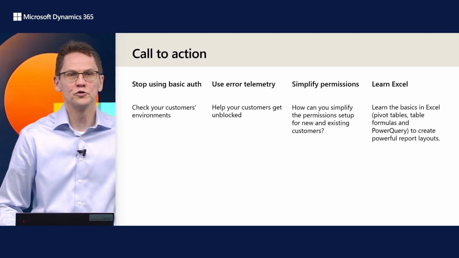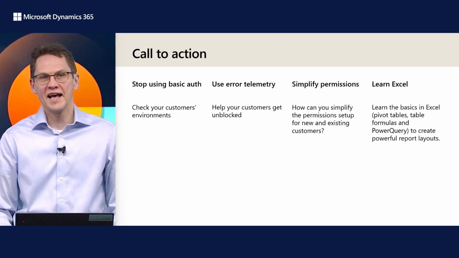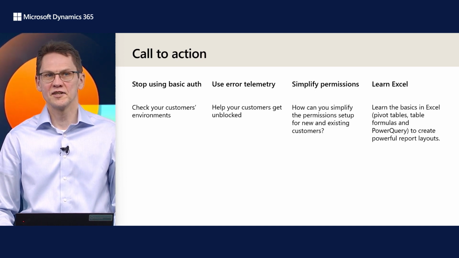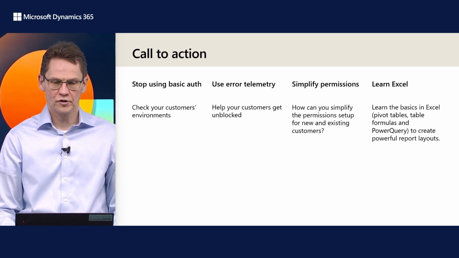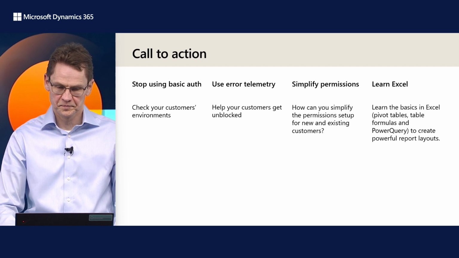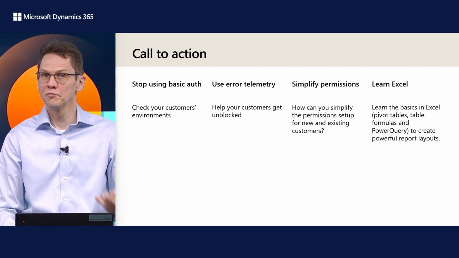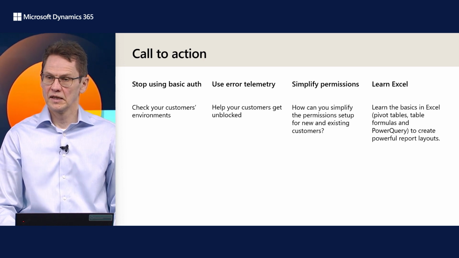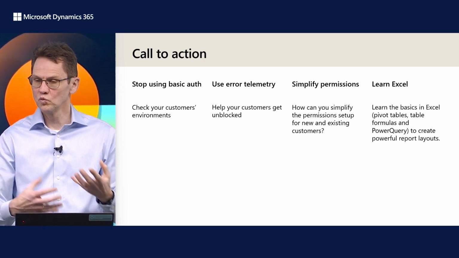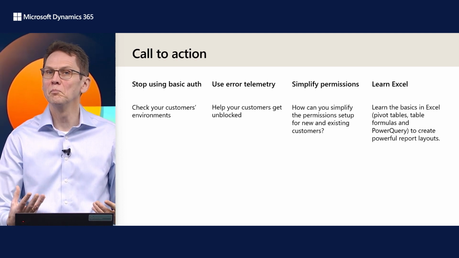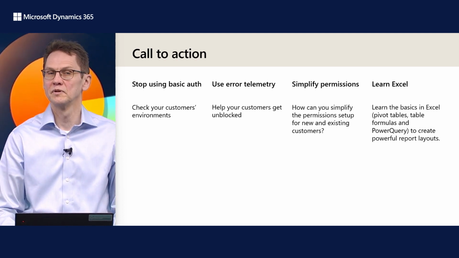This actually concludes the items that we have added to the product and that we want to present in this session. There are a number of things that I could recommend that you go do. Most importantly, move on from basic authentication. Check your customer's environment, what the integration scenarios are, move to OAuth, move to a modern authentication principle.